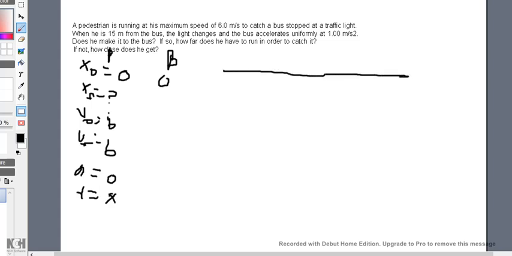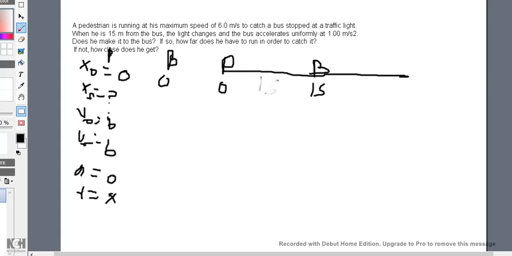Let's draw this picture. Here's the bus. He's behind the bus. He's 15 meters away from the bus. So let's call this 0. Let's call the bus, erase this guy. Let's say the bus is where? 15, right? Okay. The problem starts.